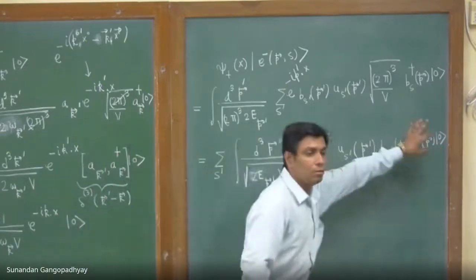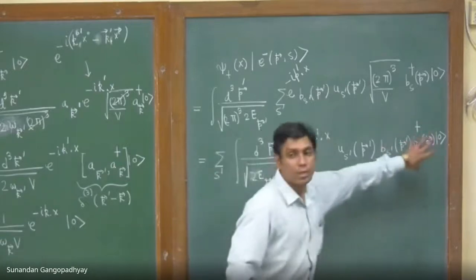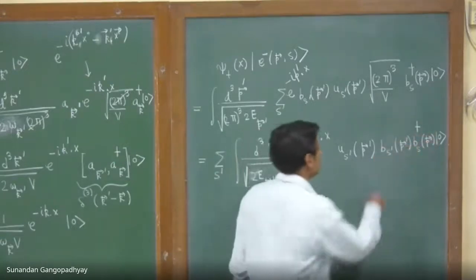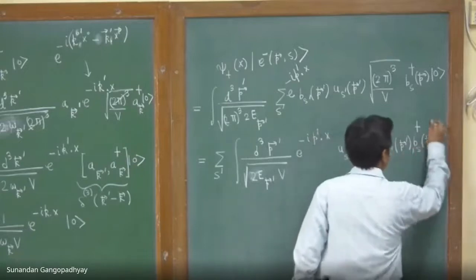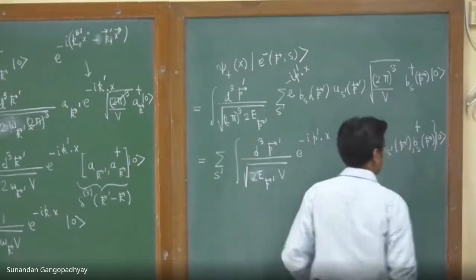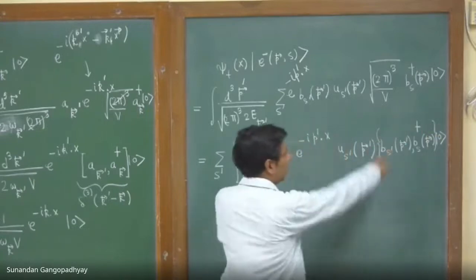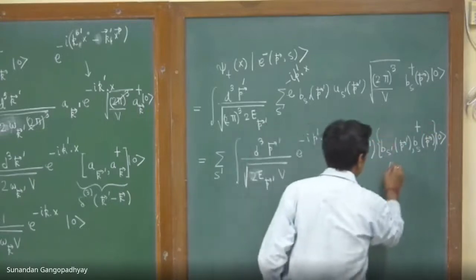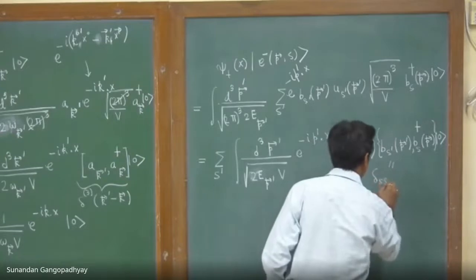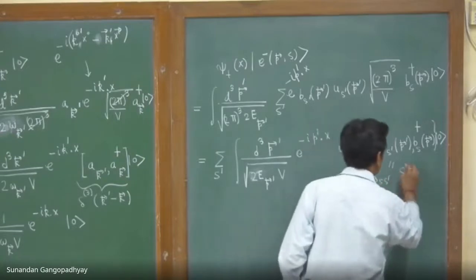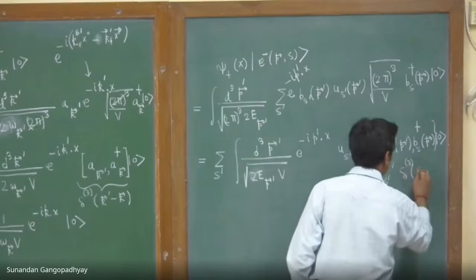Once again, you can do this thing, but this time instead of the commutator, you put the anti-commutator, right? So you put the anti-commutator, the other term that you get will be 0, because B will be on the right hand side, then you have to annihilate the vacuum. This part is connected delta, delta S S prime, then you have a three-dimensional, 3D delta function.